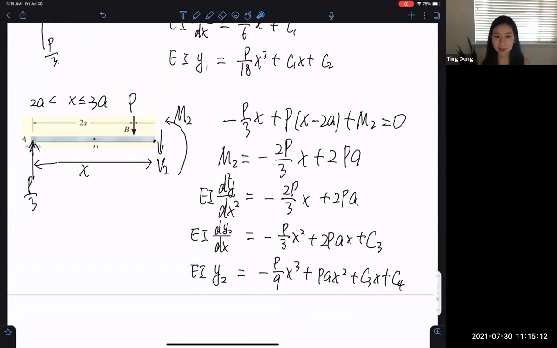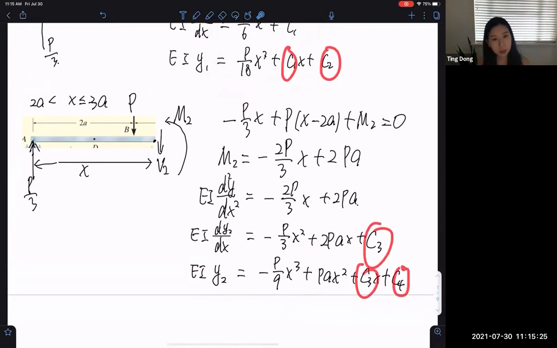So this is like y as a function of x of the whole beam. So of course, the next step is to apply boundary conditions to solve for the unknown coefficients. And now we see that we have 4 unknown coefficients, and it's obvious that we need 4 equations to solve for the 4 unknowns, right?